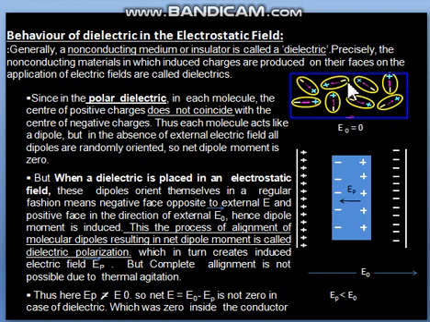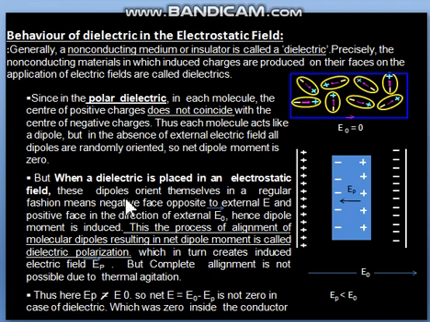That means none of the dipoles has negative in a particular direction and positive in a particular direction, so they cannot be added. Because they are randomly oriented, their resultant is 0. So the net dipole moment is 0 even though dipoles are present in the absence of the electric field.